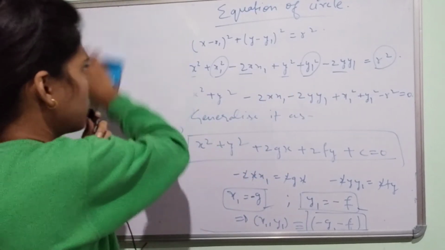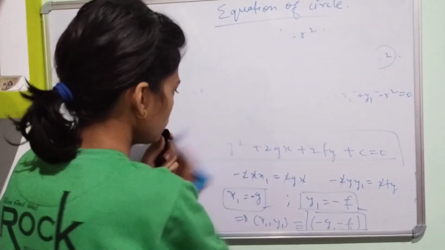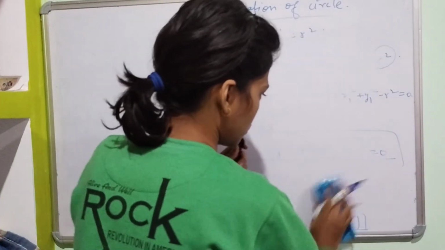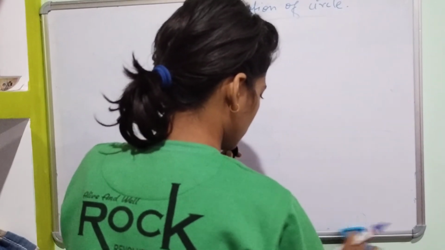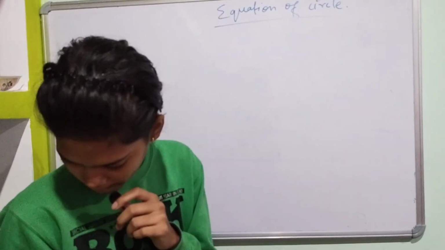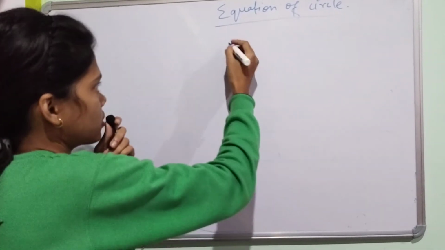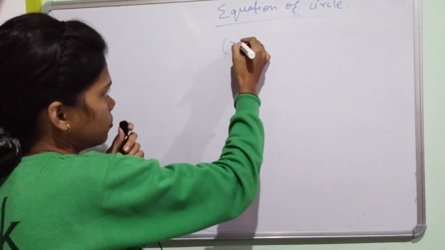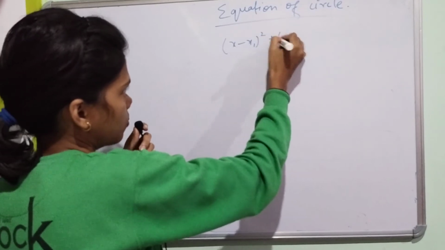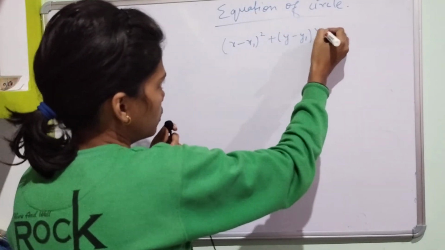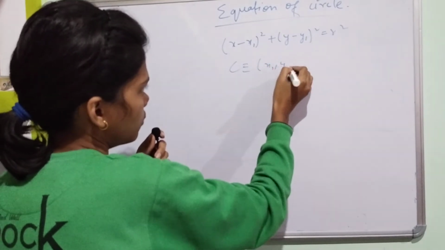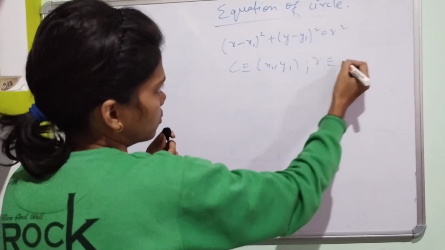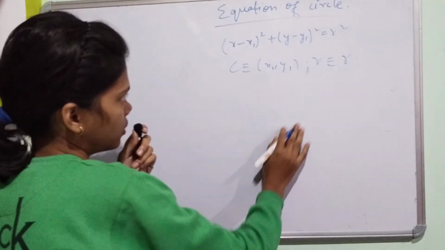Now let me summarize this whole thing. We have a circle with the equation (x − x1)² + (y − y1)² = r², where the center is (x1, y1) and the radius is r.